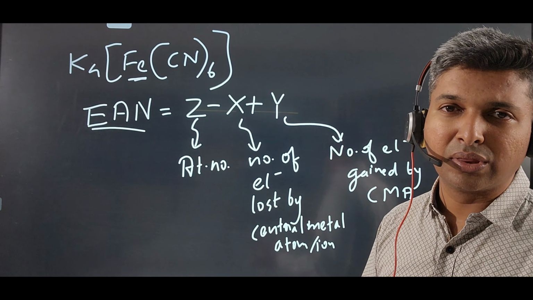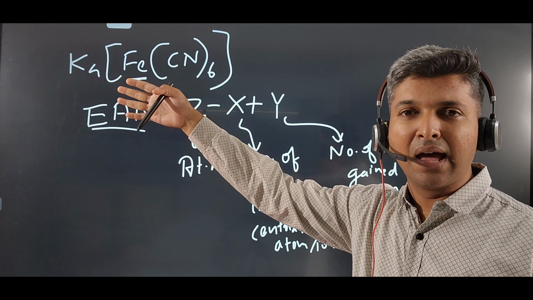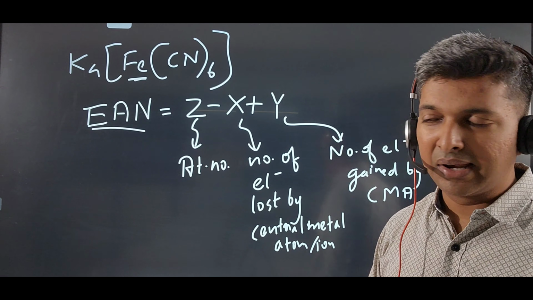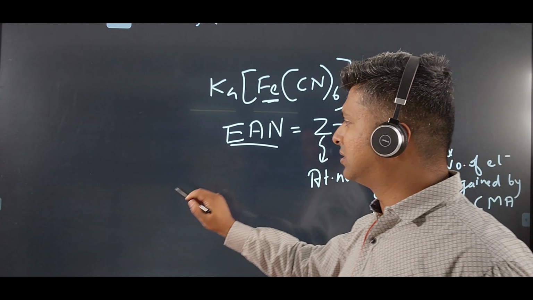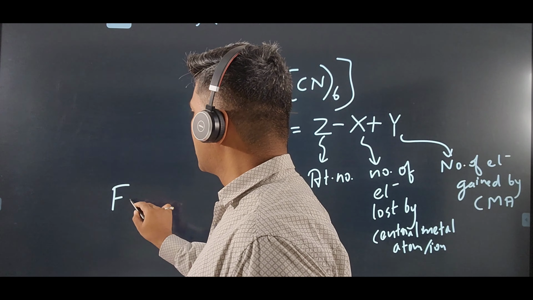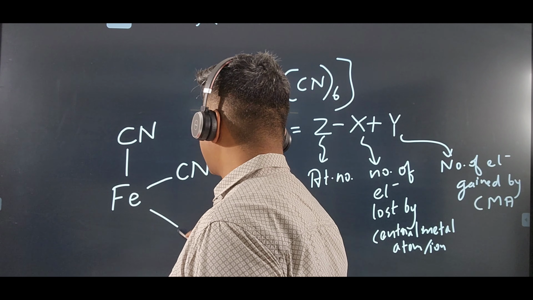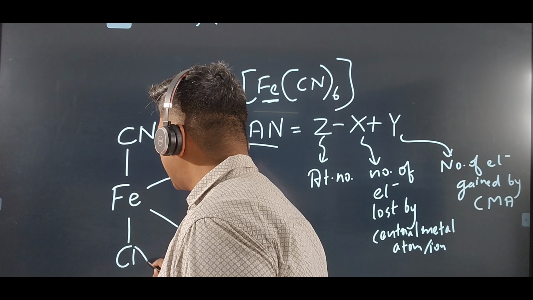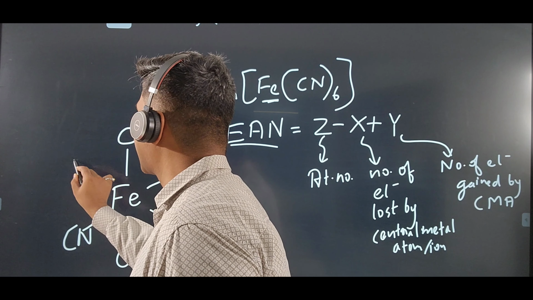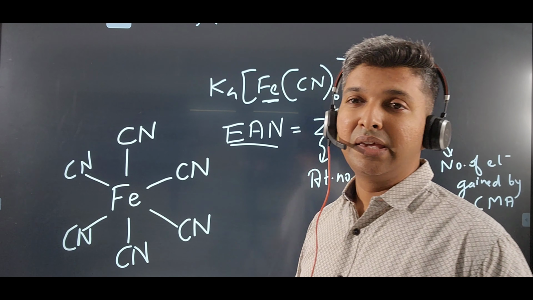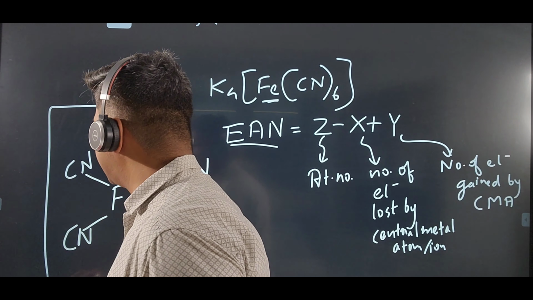Meaning, who is giving the electrons? Of course ligands are giving electrons to the central metal atom. Just let me remind you about the structure of K4FeCN6. You have Fe in the center, and we had calculated last time that this has d2sp3 hybridization, but this time we are calculating EAN. Here we have 6 cyanides, and I told you that all of these cyanides are ligands.